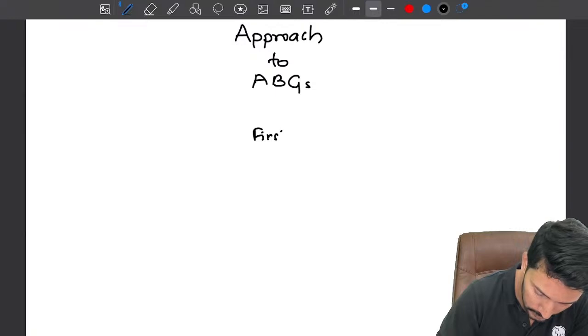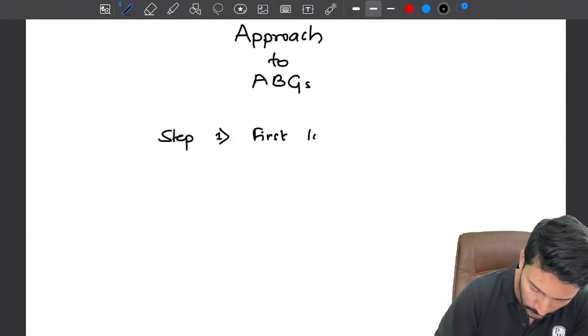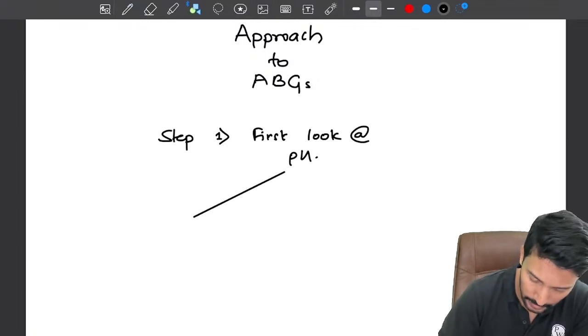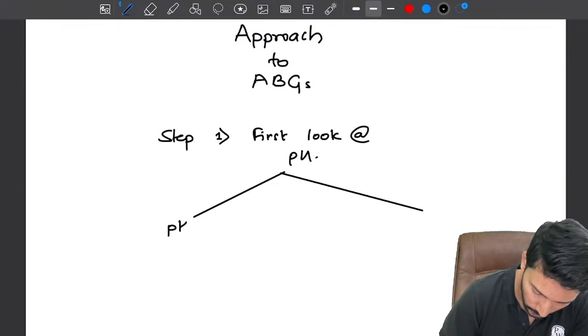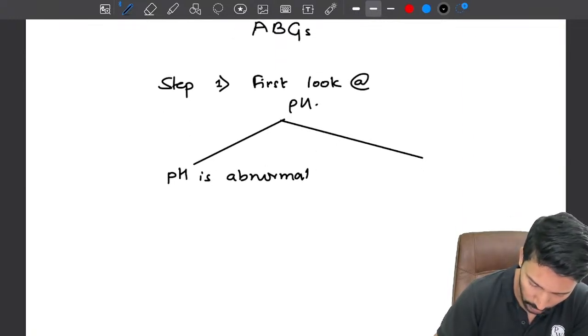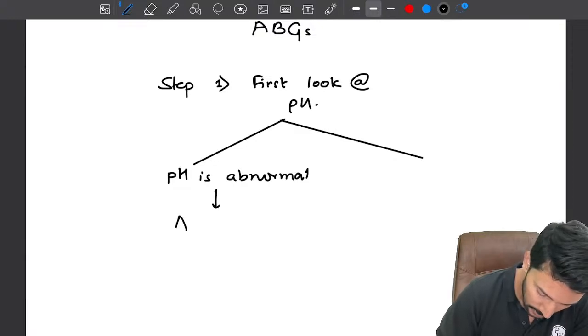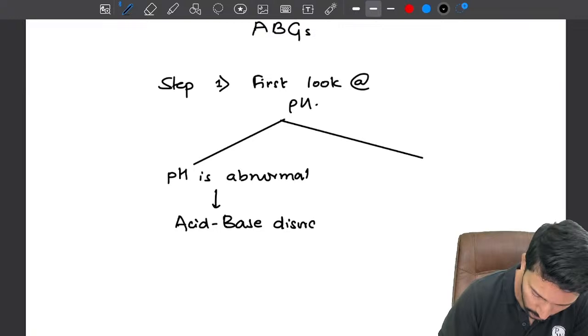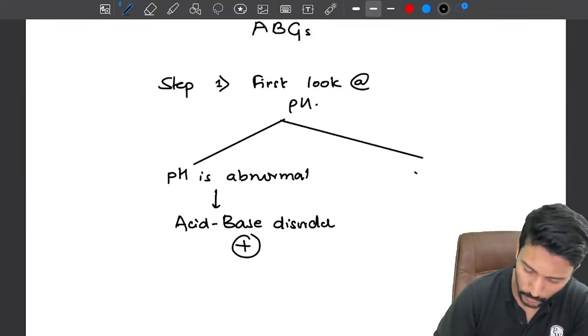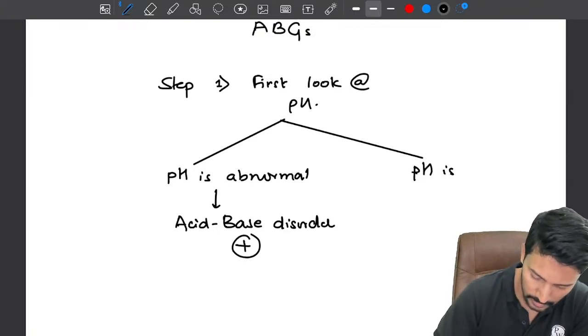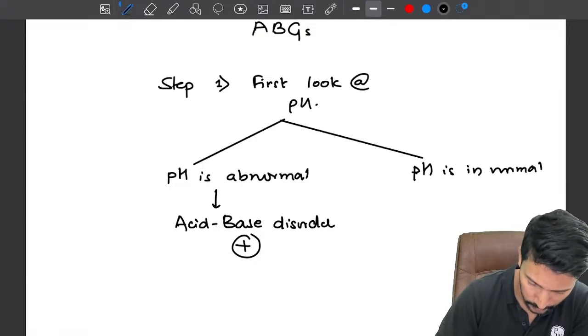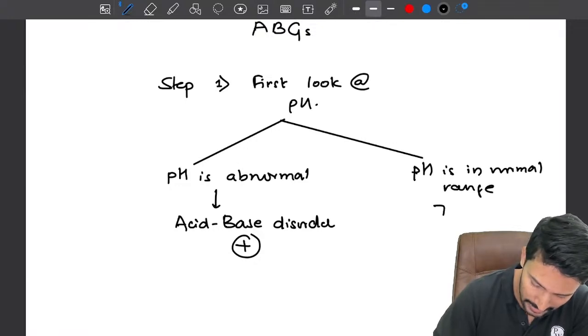Okay, first, step number 1, look at pH. If pH is abnormal, that means there is clearly an acid-base disorder present.